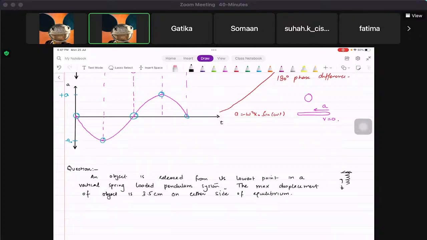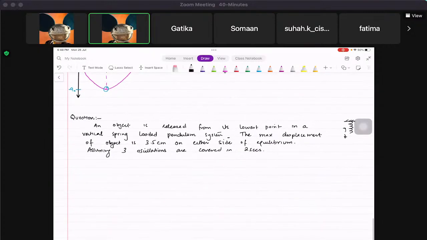Assuming 3 oscillations are covered in 2 seconds.